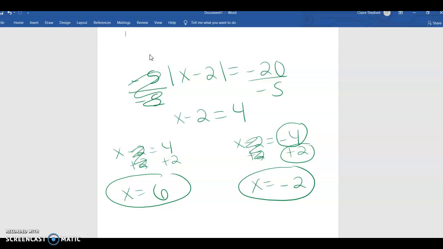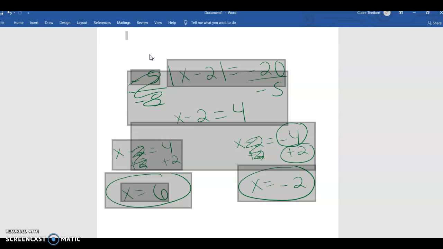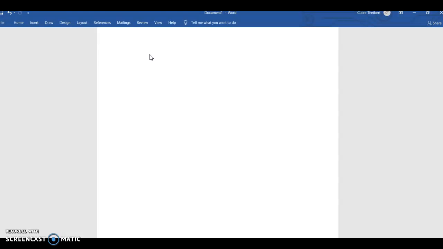All right, and then our last one, number 16. Okay, so we have the absolute value of negative 3 times x plus 5, plus 7 equals 4. All right, if you ever see something like this, we have a plus 7 right here. We have to get rid of that. So we're going to subtract 7 on both sides.